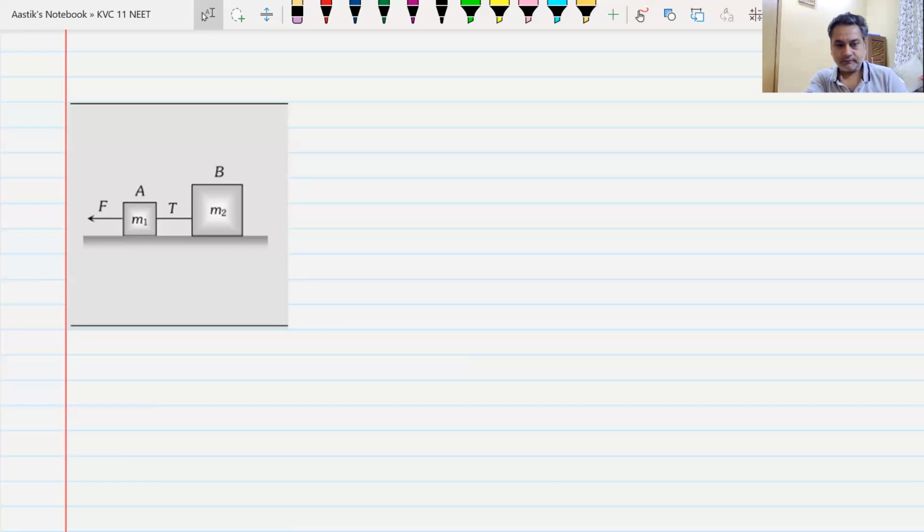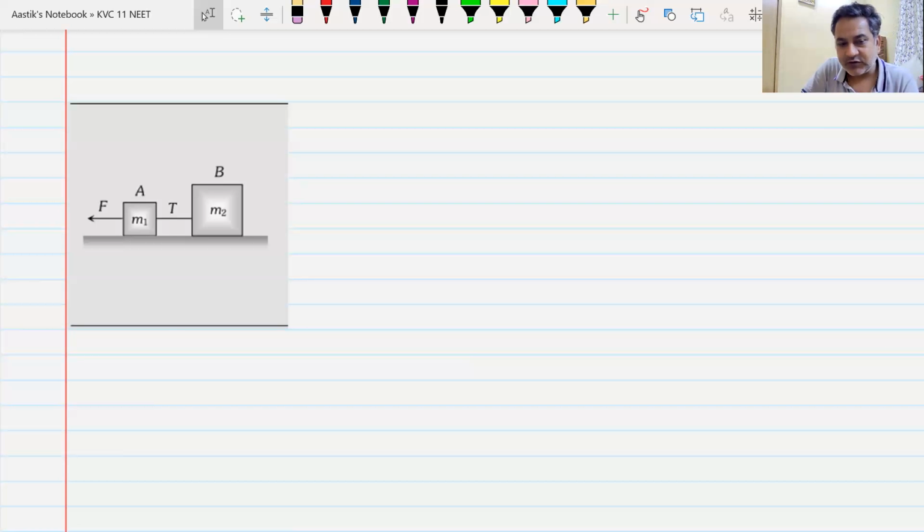T is equal to F M2 by M1 plus M2. Very good. Everyone understands this? What has happened here? Yes or no? That is good that you are able to understand.